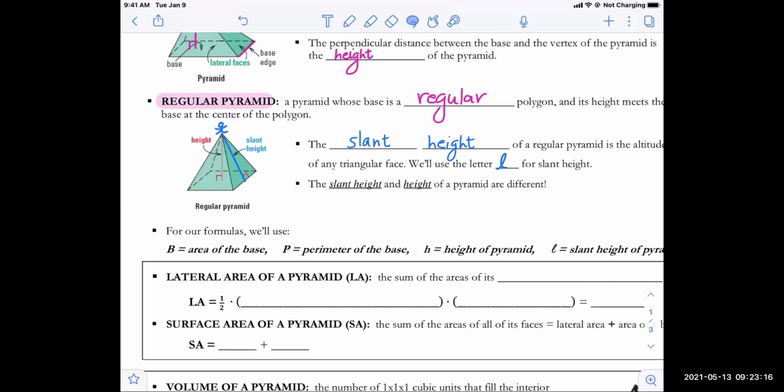It's just the height of one of the triangles. It's not the height of the pyramid, because the height of the pyramid would go from here straight down to the midpoint, the center of the base. The height of the pyramid is in between my fingers. This is the slant height. All those slant heights would be the same, because if this is regular, all of these triangles are the same. That's slant height. This is a triangular pyramid.